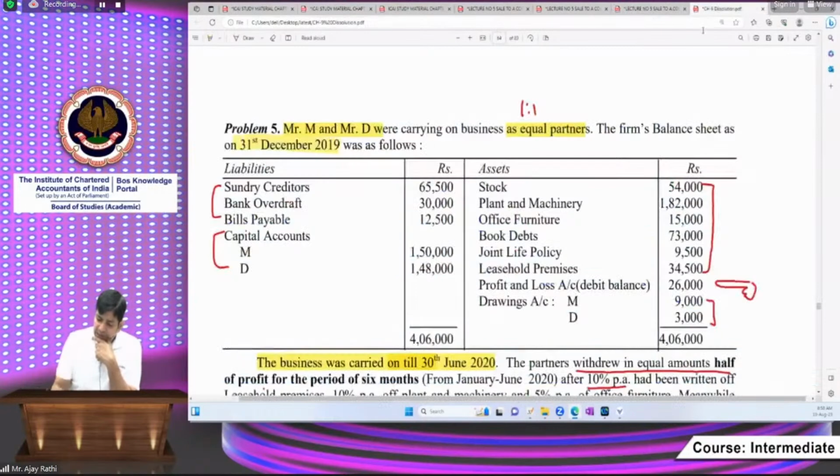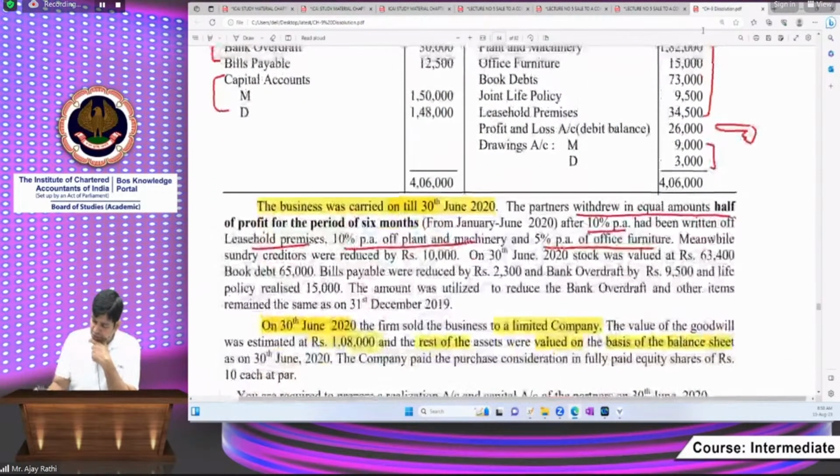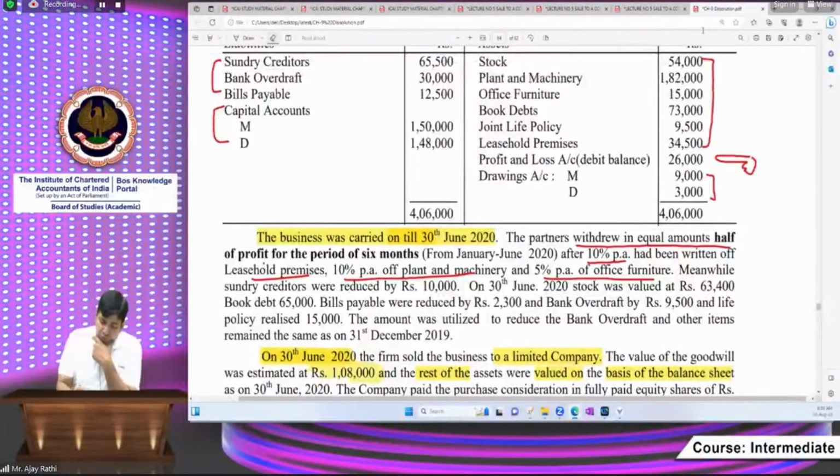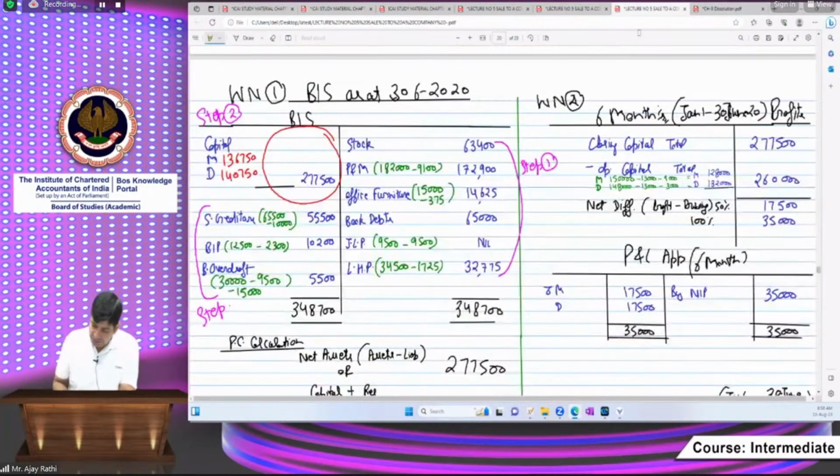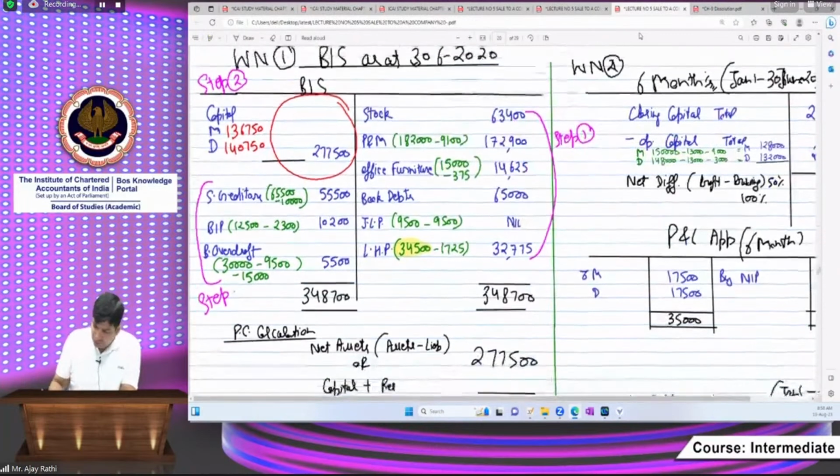See, I am highlighting and you will focus only on the highlighted portion. First we have to calculate depreciation. Depreciation is 10% per annum on leasehold premises, which are 34,500.